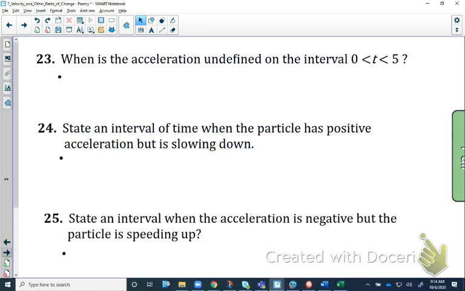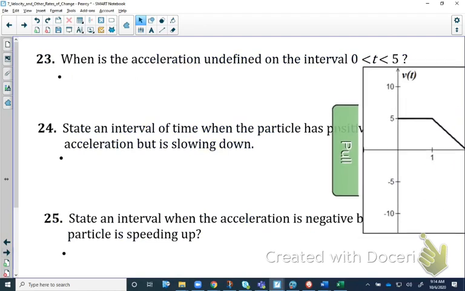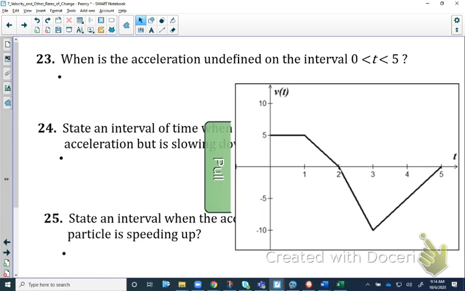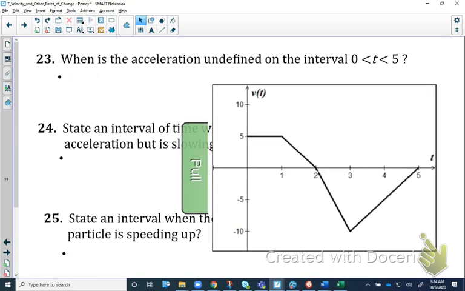When is the acceleration undefined? Okay, undefined is going back to what we talked about when something is not going to be differentiable. Since the acceleration is the derivative of the velocity, anywhere I have a corner in this case is where I'm going to be looking at something not being differentiable. So the acceleration would be undefined at those points.